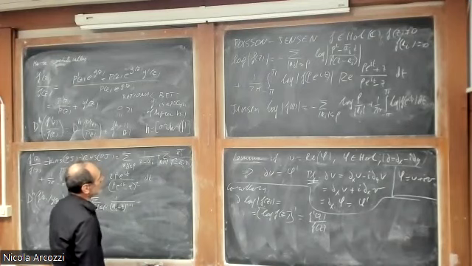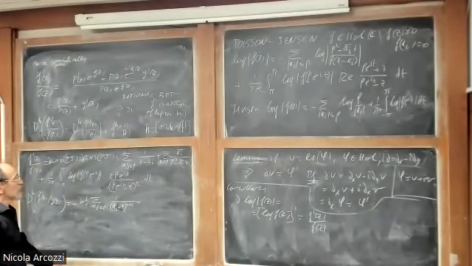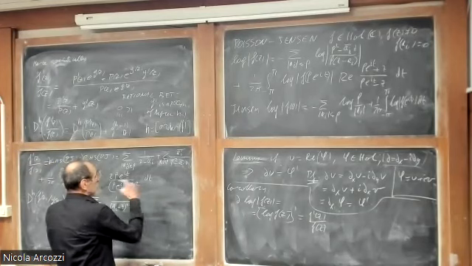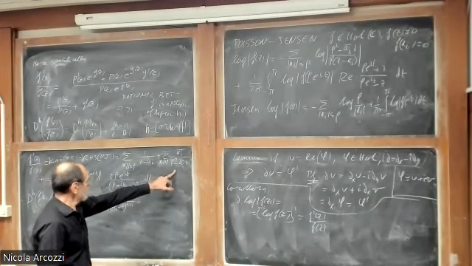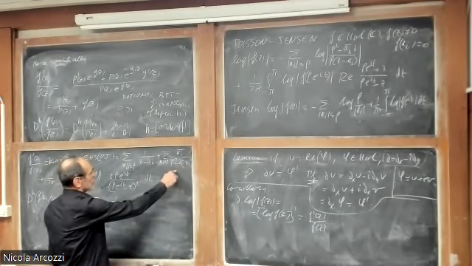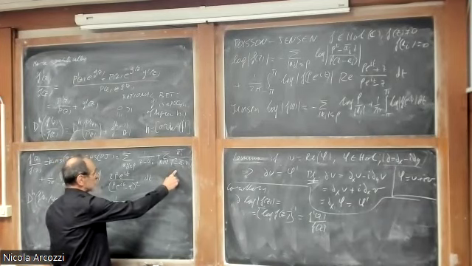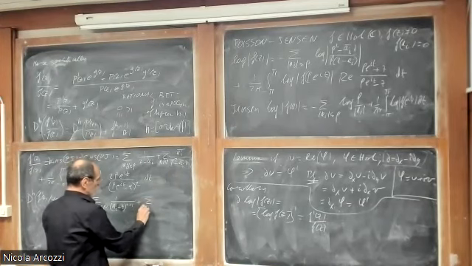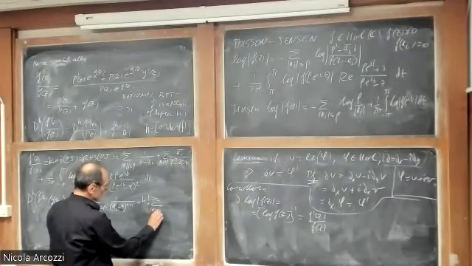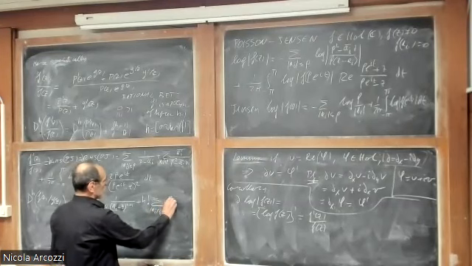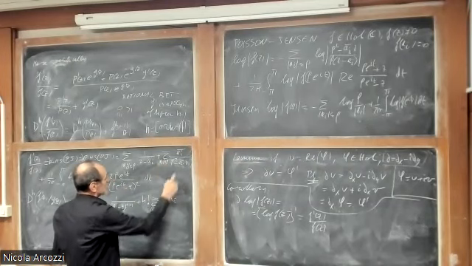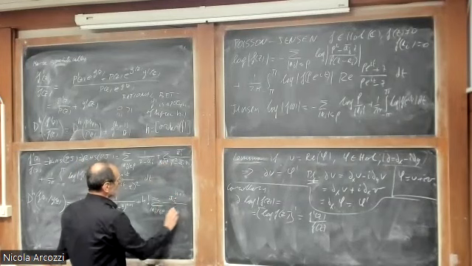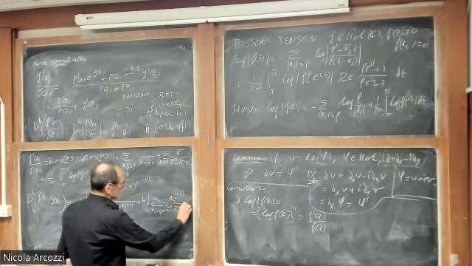Plus, and here I do the same, each time I get these guys, 1 over rho square minus a_i bar z to the power h plus 1.